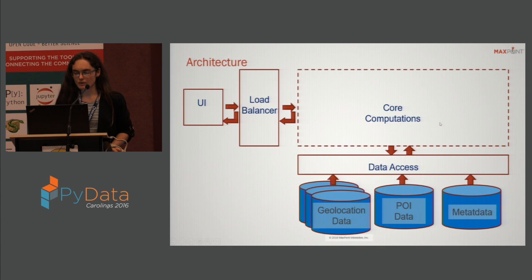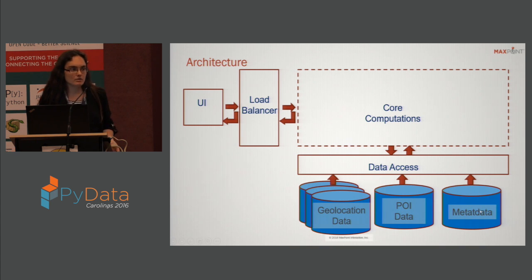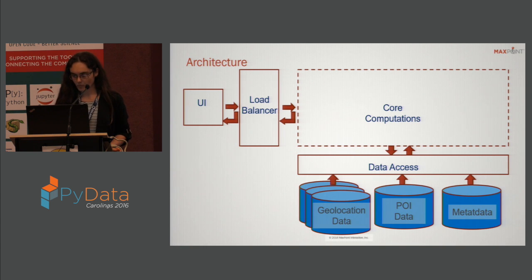There's a section with core computations where we do all the analyses, as well as a data access layer that pulls back the data from the cluster, and then our clusters that include the geolocation data, the point of interest data, as well as metadata about users and locations. So that's our basic architecture.